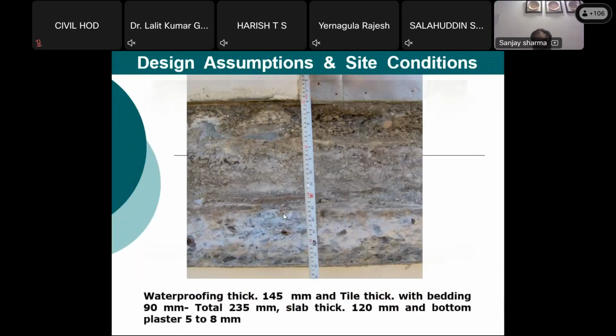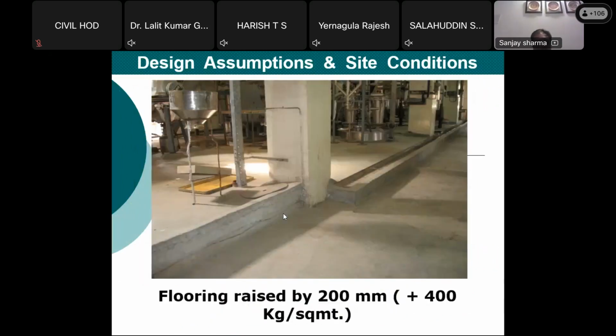Different site conditions arise, for example when additional flooring is put in or site conditions are changed, and these all cause problems. So you need to measure whether this additional flooring is able to carry the load or not.